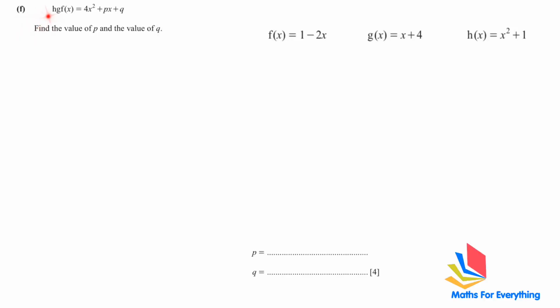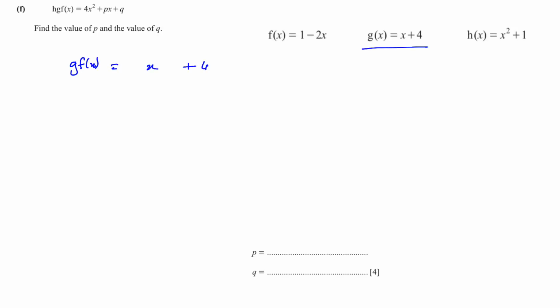So for f, we have h of g of f of x is equal to 4x squared plus px plus q. First, we will find g of f of x. So in g, this is our g, we are going to substitute in place of x, f. What is f? 1 minus 2x.